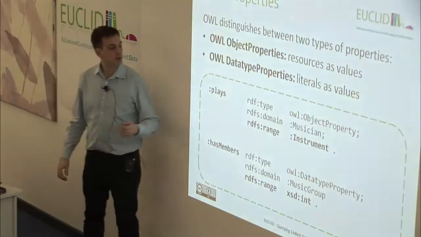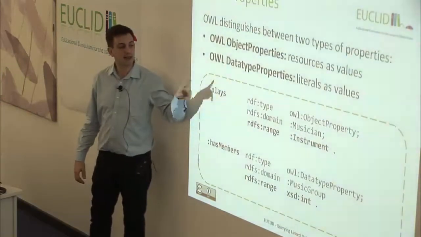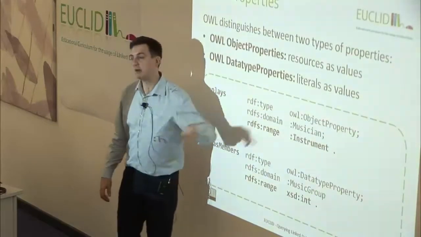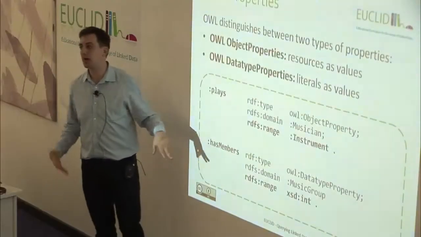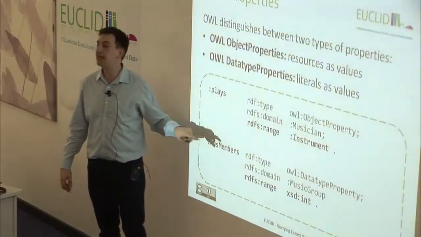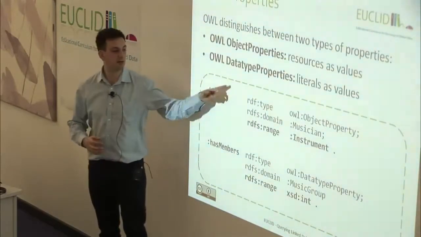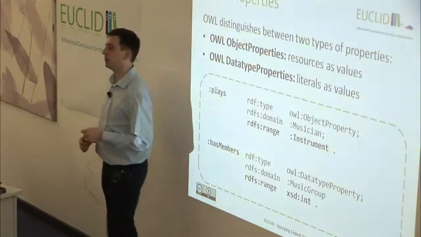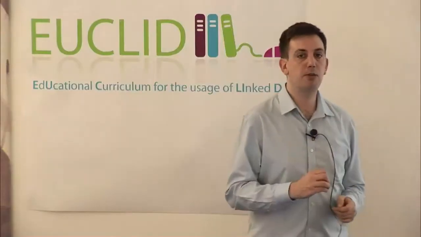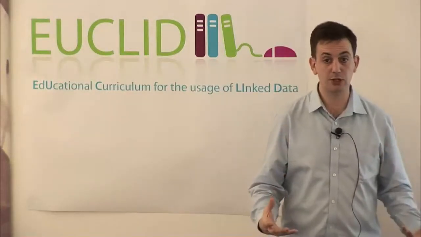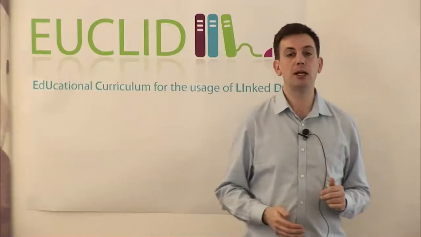So for instance, we could say the property plays is an object property because we want its domain to be musician and its range to be instrument. That's a class that has resources in. On the other hand, has members or has number of members, we could say is the other type of property in OWL, which are kept apart from these, called data type properties. With a data type property, we expect, and to some degree can insist on through consistency, that the object will be a literal.